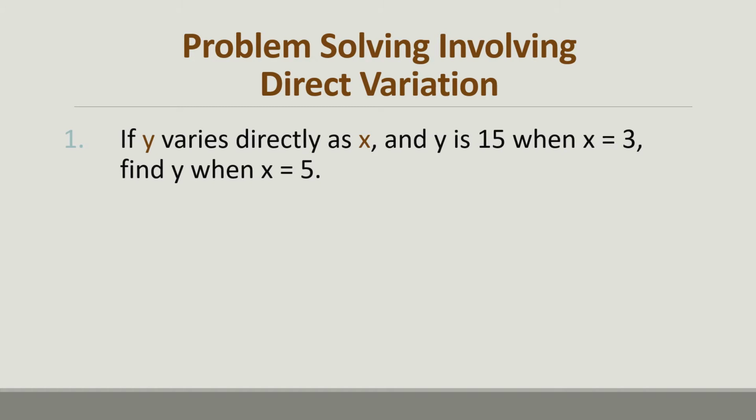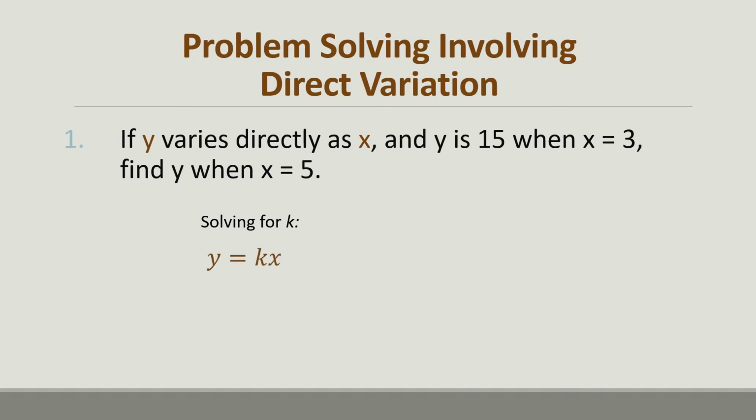Okay, so we have y and x. And after that, we have to solve for k, since if we're going to analyze the problem, the constant of variation is not given. But on the second clause, we have here y is 15 when x is equal to 3. And these are the values that we're going to substitute to the equation.